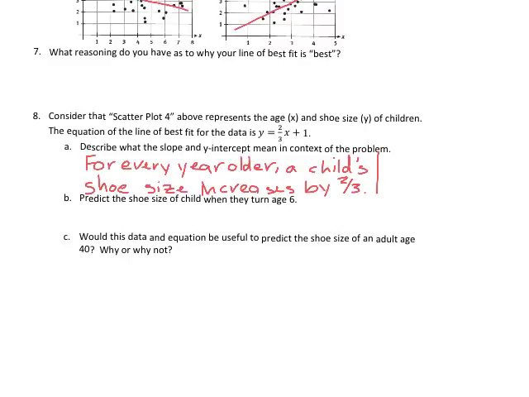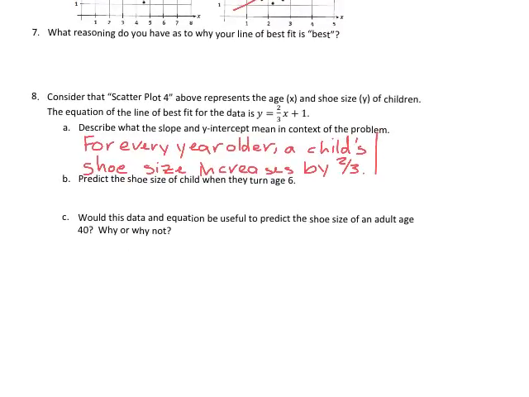So, size at birth is, let's say, 1 on average. Okay, so there's my slope and my y-intercept.